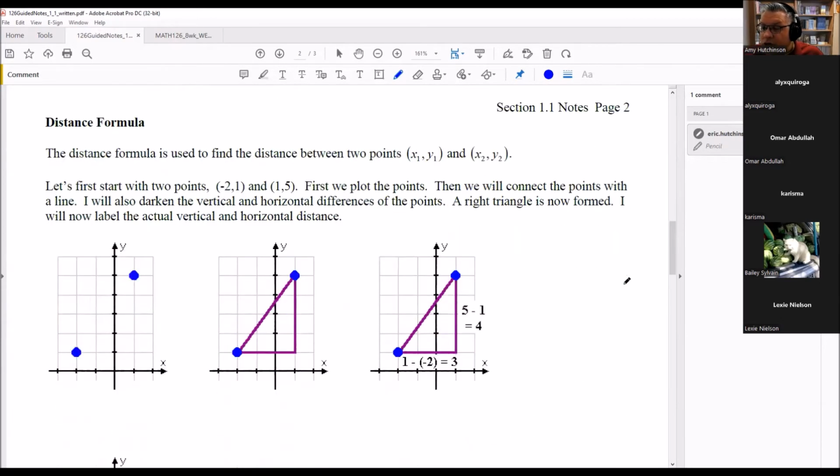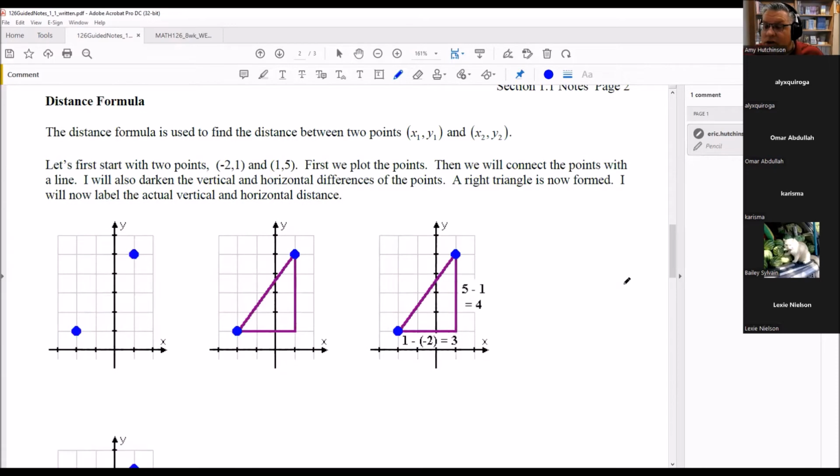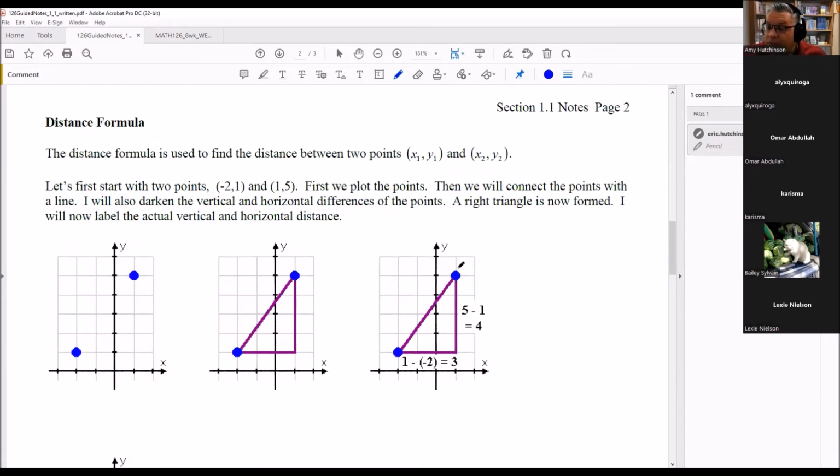We'll go on to the next thing that this talks about, which is the distance formula. All right, so the distance formula here. Let's suppose we wanted to plot these 2 points, -2, 1 and 1, 5. Okay, what I would do is I would go ahead and plot the points. These are already done for us right here.